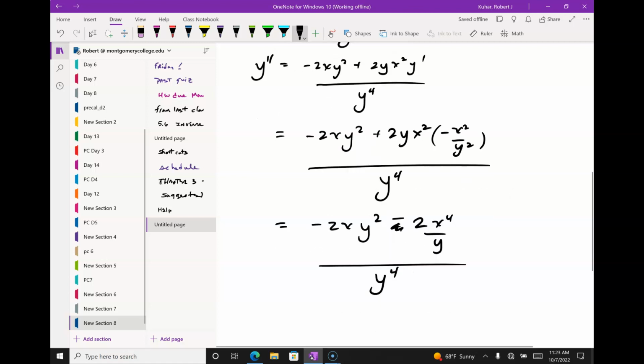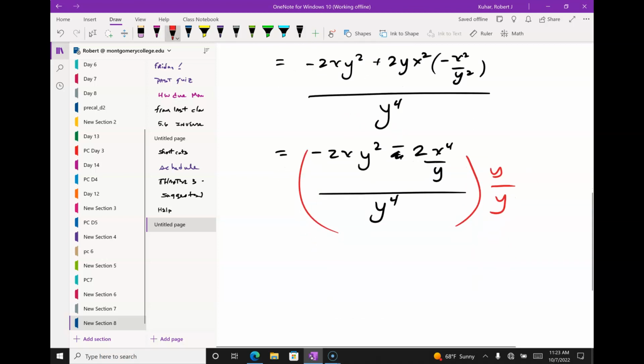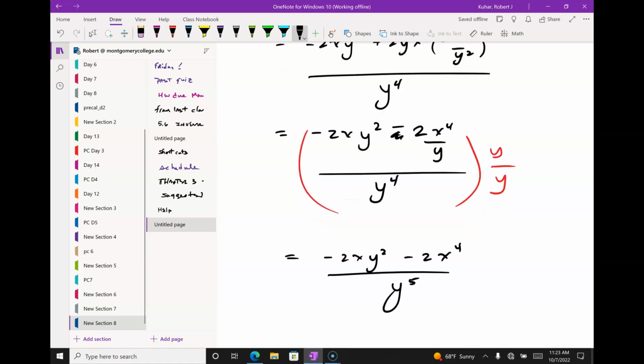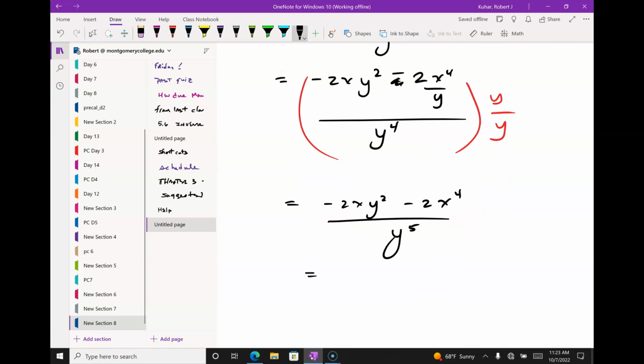My choice is always to clear with the LCD. So I get negative 2xy cubed minus 2x to the 4th over y to the 5th. And of course, I could factor out a negative 2x. And that's what they should have for their second derivative.